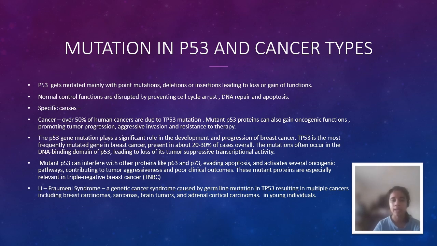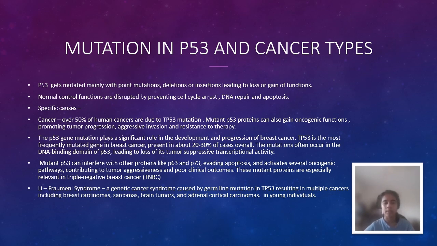This mutated p53 can interfere with other proteins and activate several other oncogenic pathways. They can contribute to tumor aggressiveness and stop apoptosis, as I told you, and they also lead to poor clinical outcomes.